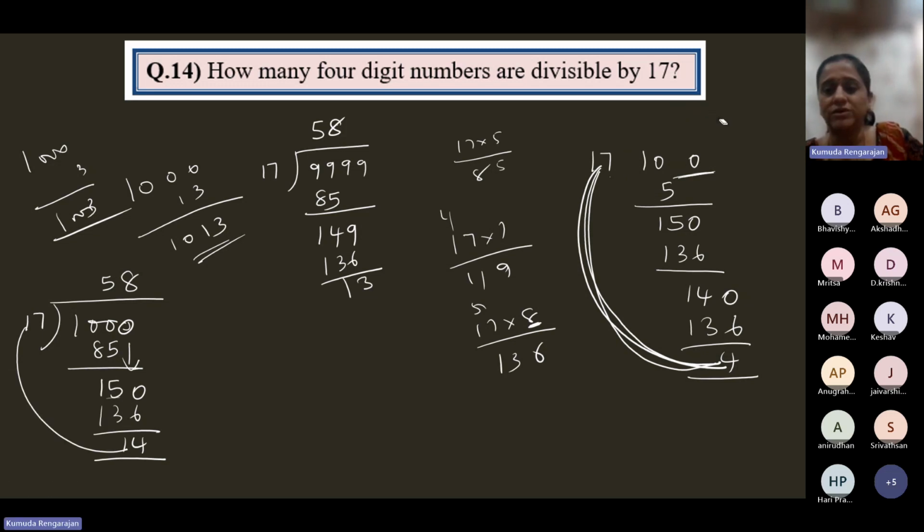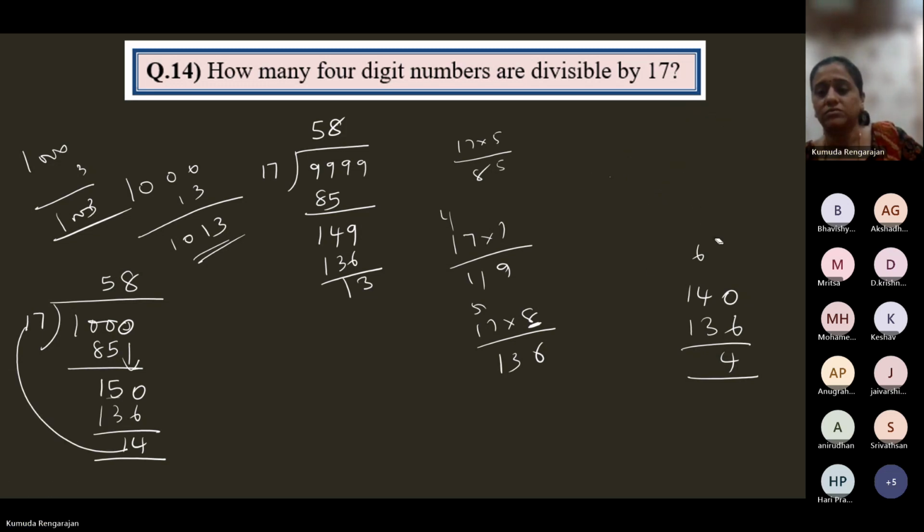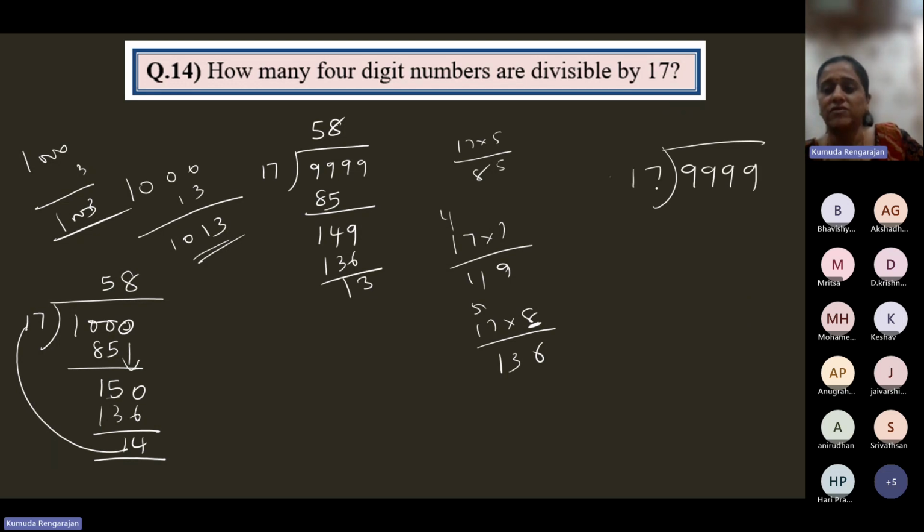Now for the last number, take the greatest 4-digit number, divide by 17. 5s are 85. 14 is a remainder. 9 comes down. 8s are 136. 13 is a remainder. 9 comes down.